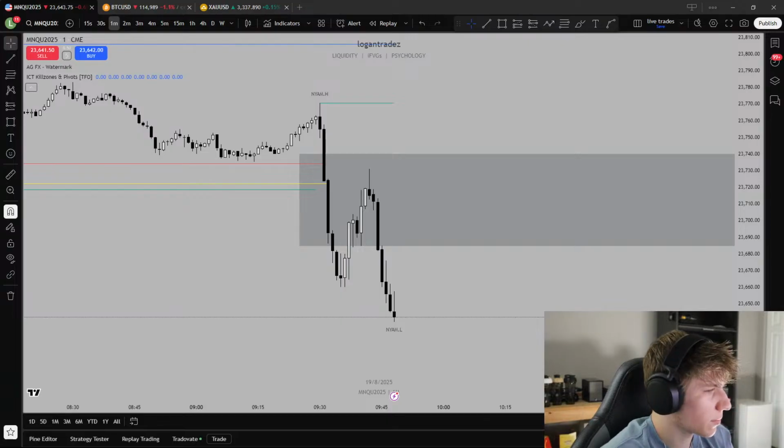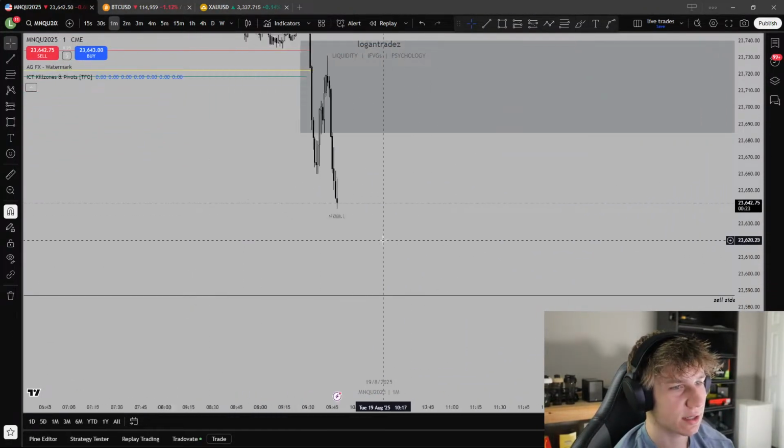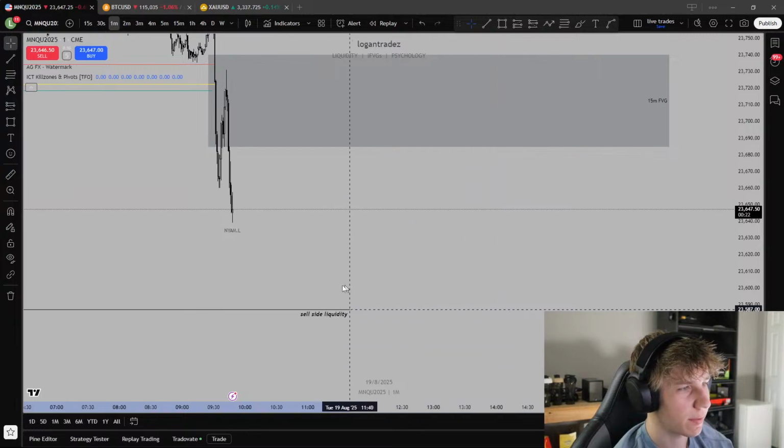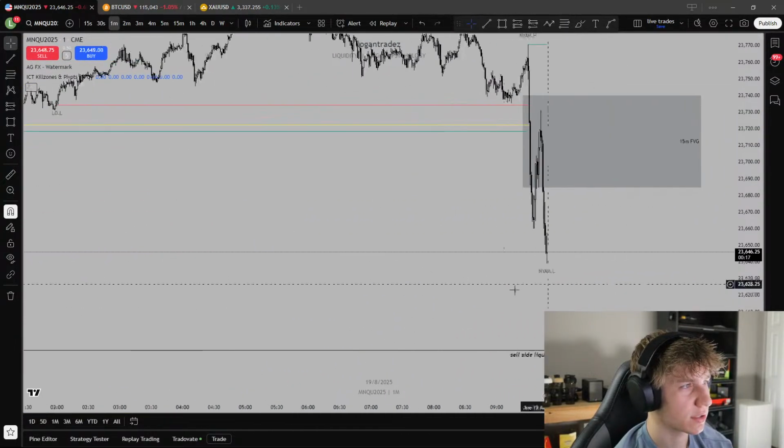What are you looking for at the moment? What's the best setup? Maybe a Mac model if we take out the sell side, or a continuation model to the sell side. You really just got to see what we get.